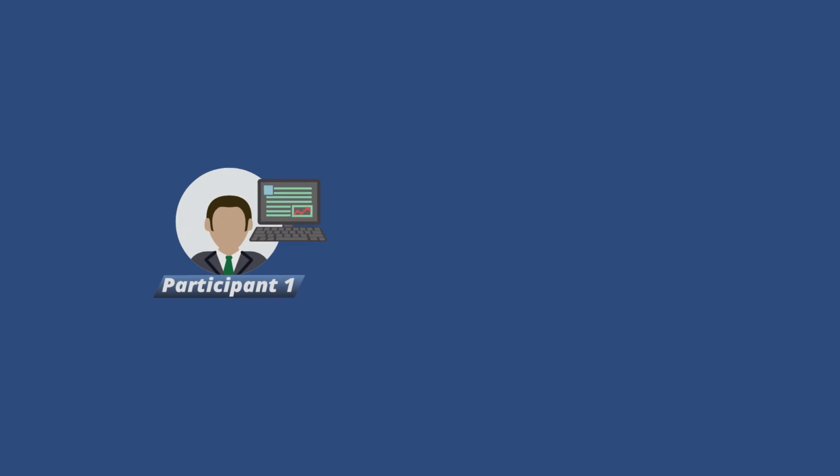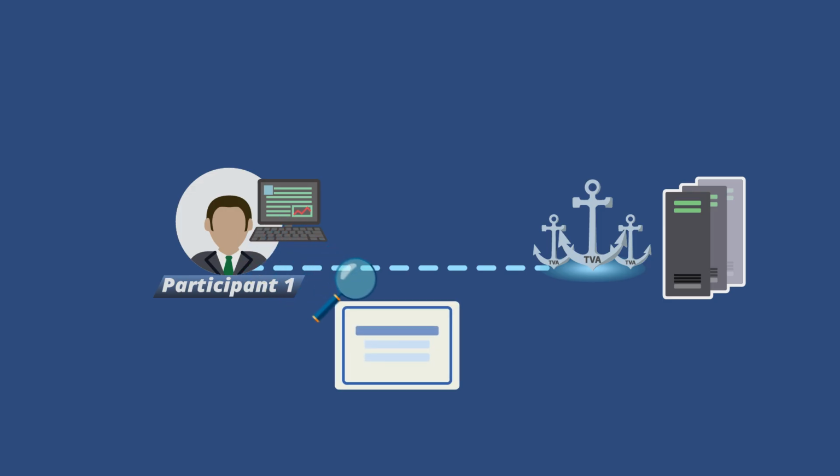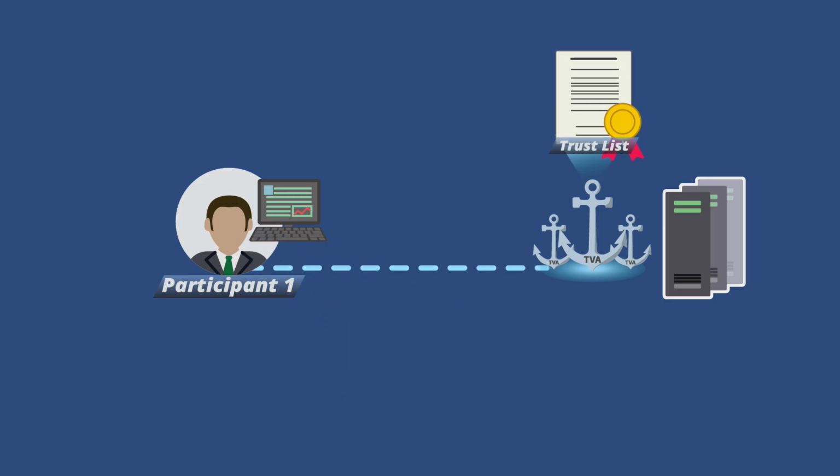Participants in a TFI must have network access to the Trust Validation Anchor, or TVA, to verify the authenticity of digital certificates using the trust list, or TL, hosted by the TVA. It is possible for multiple anchors to exist within a single TFI. In fact, two may be necessary for resiliency.